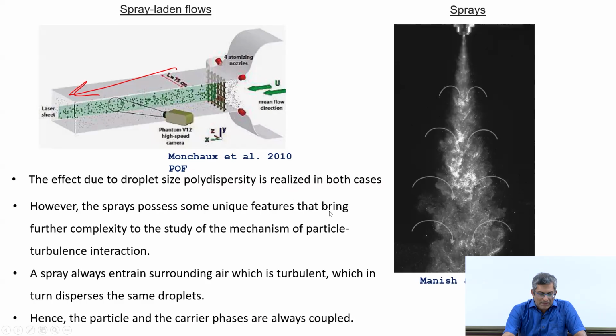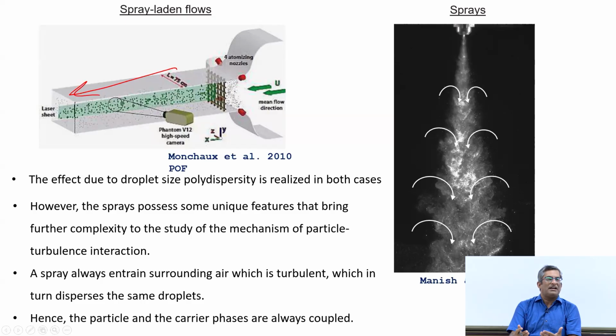What happens in a spray is that it has some unique features: the spray entrains air from the surroundings to conserve momentum always. And the entrained air is always turbulent. That air disperses the particles present in the spray.